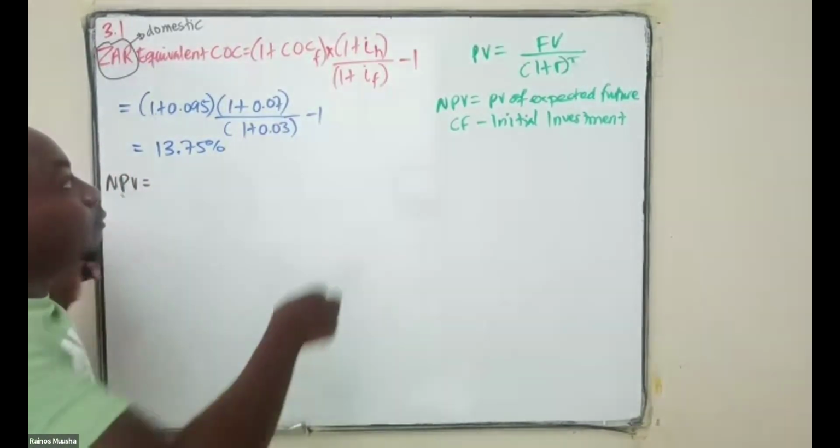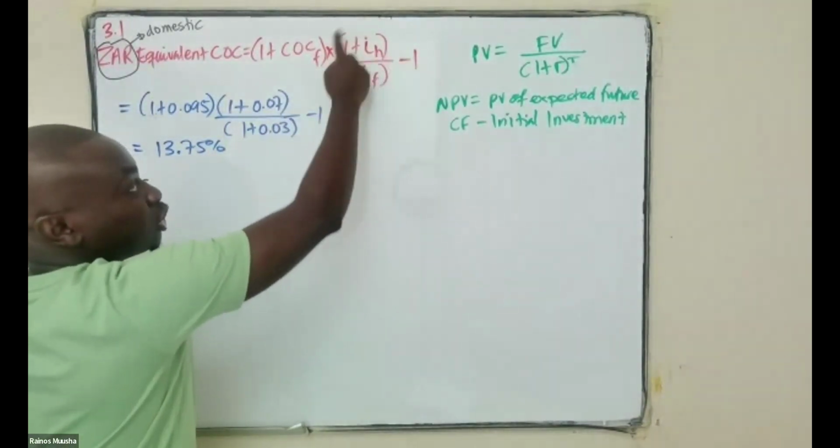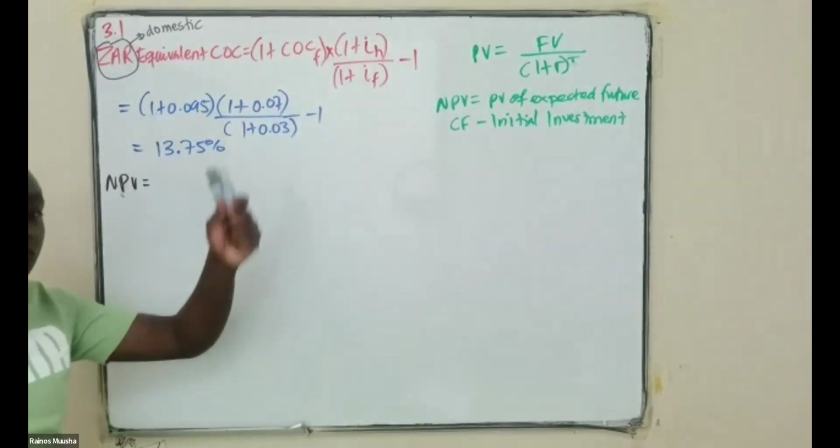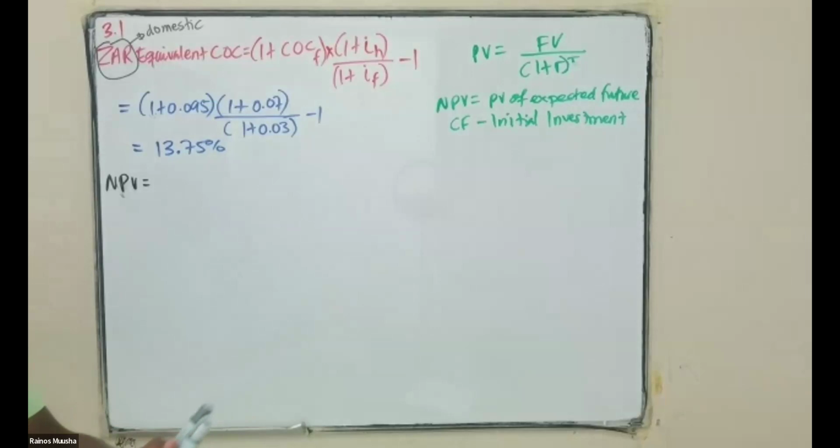So using the inflation relationship between the two currencies, we can convert the cost of capital from one currency to another, because we're basically saying that the exchange rates are determined by the movements in change in inflation, basically. Are we on the same page?